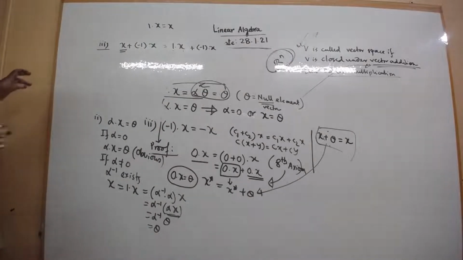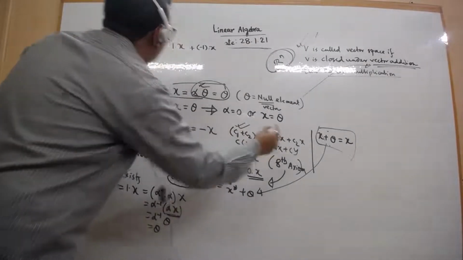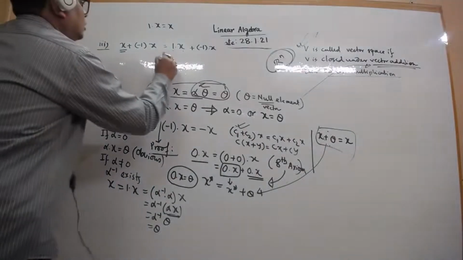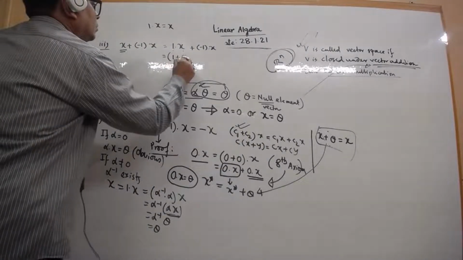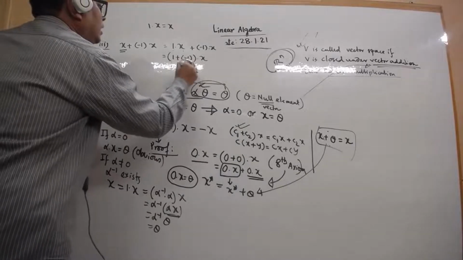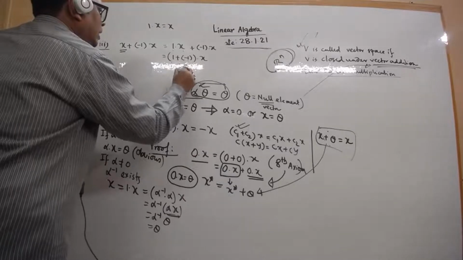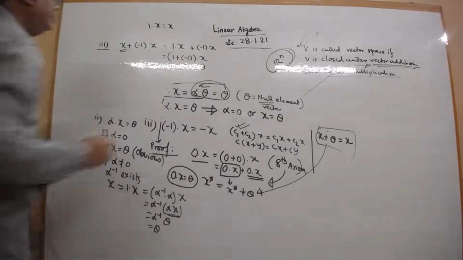So I use this proper axiom c1 plus c2 x equal to c1x plus c2x. One plus minus 1, this is 0 into x, so this is theta.